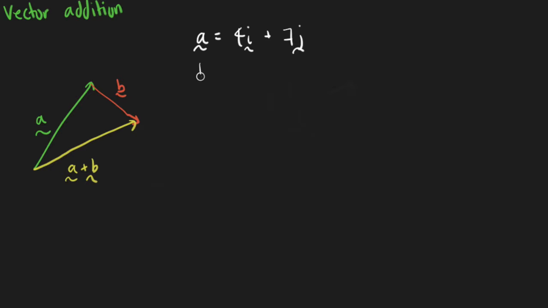This one, B, could be perhaps 6i and 5j, right? And adding vectors is very simple. All you do is add the individual i components and the j components. So we're going to add the i's together, right? And the j's together, right?